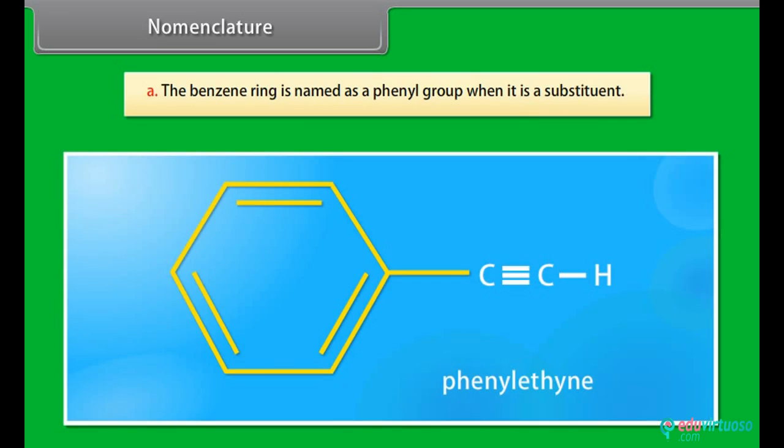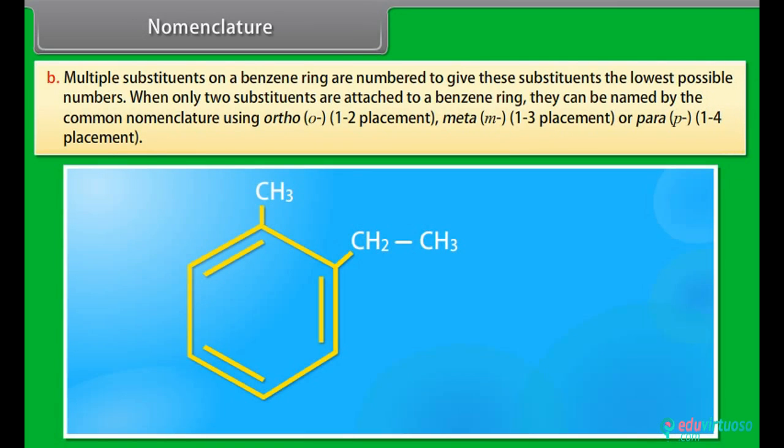A. The benzene ring is named as a phenyl group when it is a substituent. B. Multiple substituents on a benzene ring are numbered to give these substituents the lowest possible numbers.